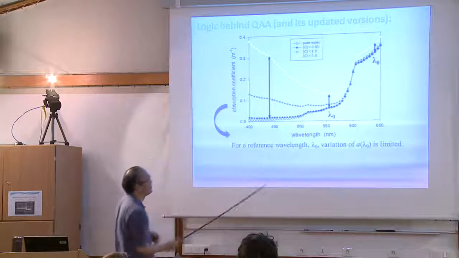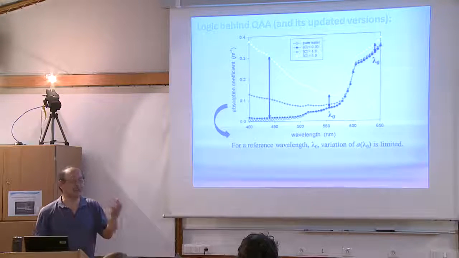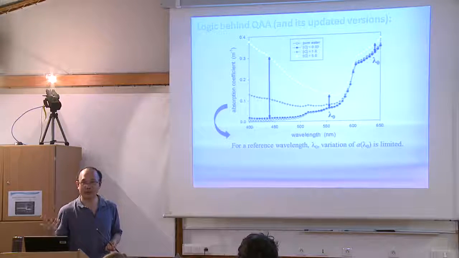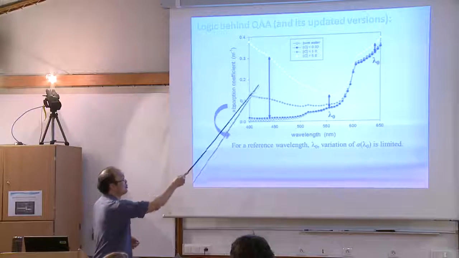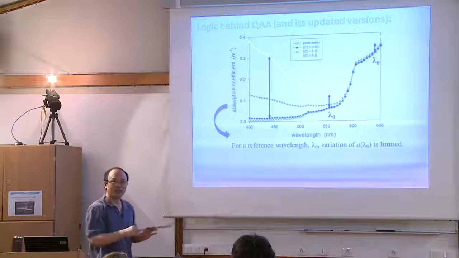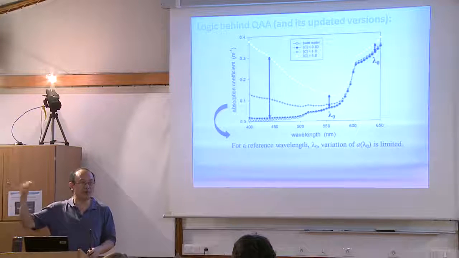When you add something into it, add the chlorophyll, add the sediment, then the total absorption will change. The spectrum will change. But where is the most change? It's in the shorter wavelengths, because in the longer wavelengths, pure water absorption is strong.